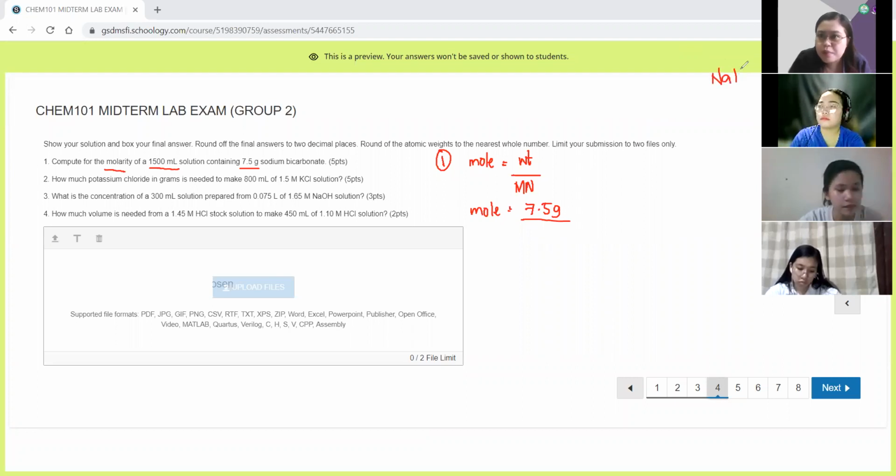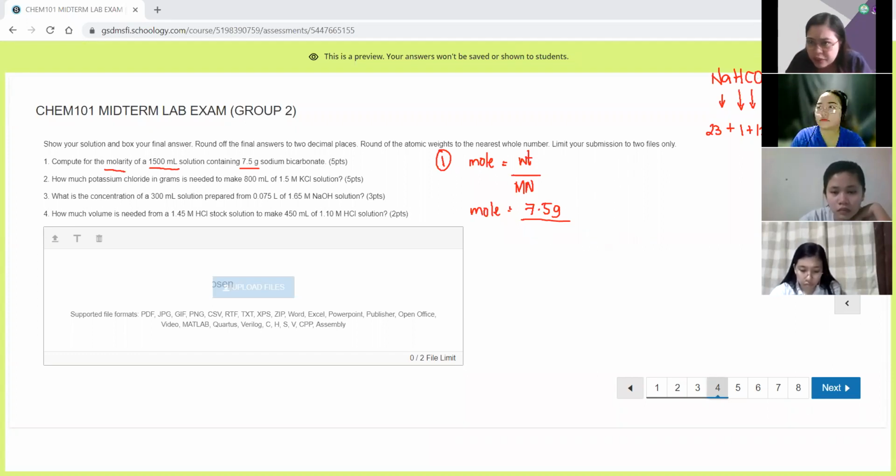So sodium bicarbonate. So this is 23 plus 1 times 1 is syempre 1. And then 1 times 12 is 12. And this one is 16 times 3. Shortcut ko na lang siya ha. So again, 23 plus 1 plus 12 plus 16 times 3, NaHCO3.